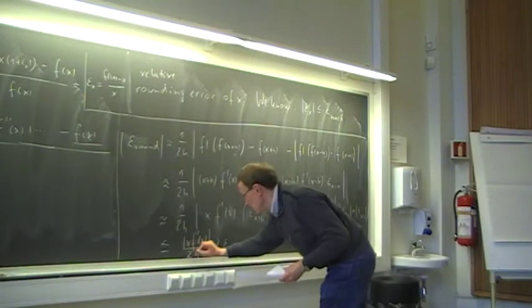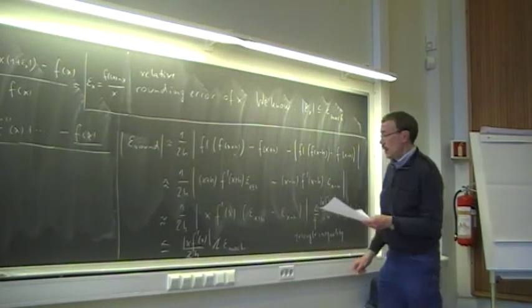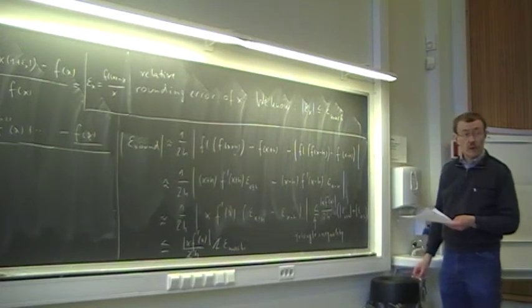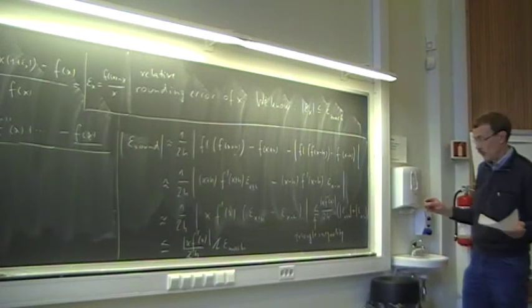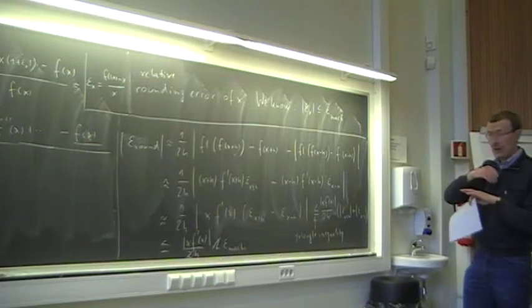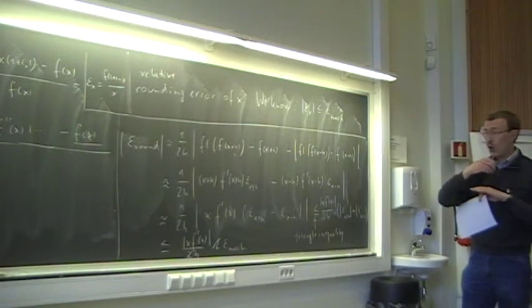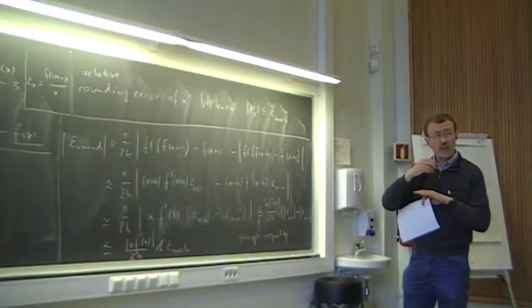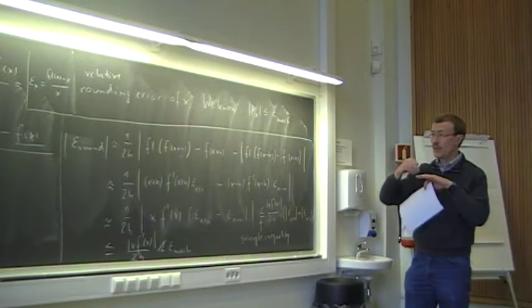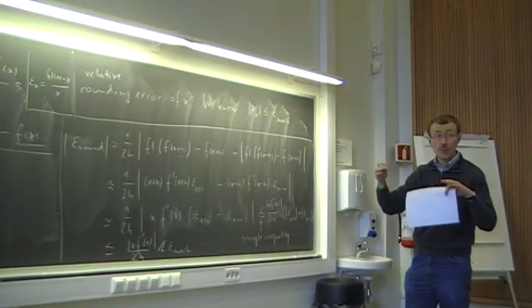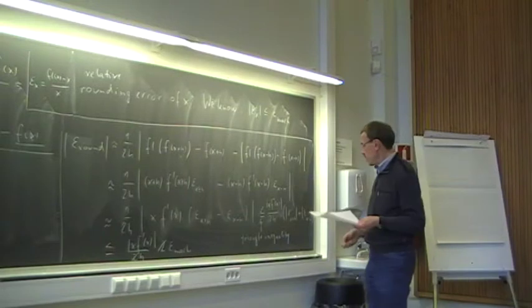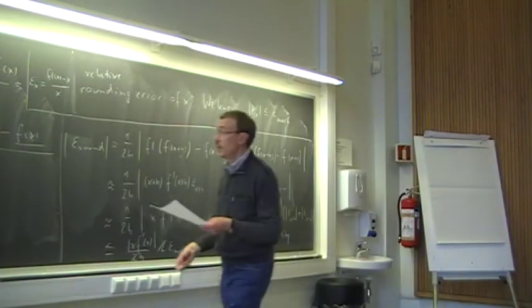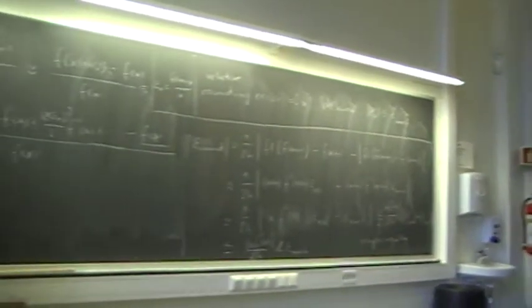So then we can factorize the 2, and then we have an estimate of the rounding error. Again, we have only taken into account the propagation of the rounding error of x. We have not taken into account individual errors in computing f. But this is already something useful that we have done here, as we shall see in the end.